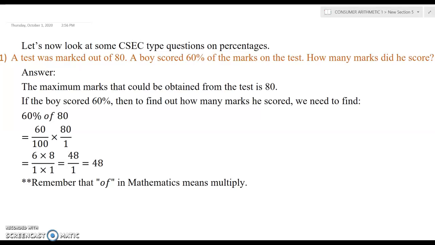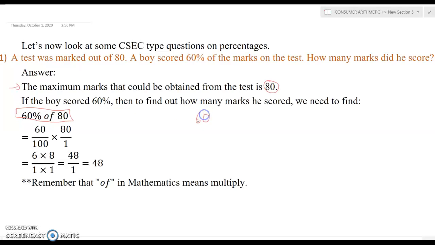So the maximum amount of marks he could have obtained in the test was the 80, right? So that's what I wrote here. If the boy scored 60%, to find out how many marks he scored, we need to find 60% of 80. You need to remember that "of" in maths means multiply.